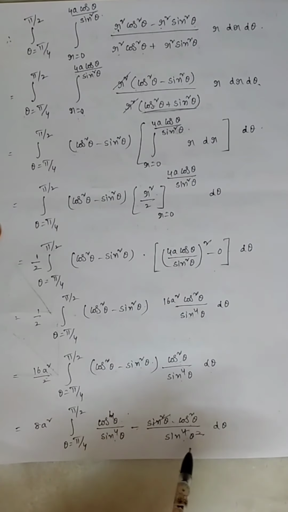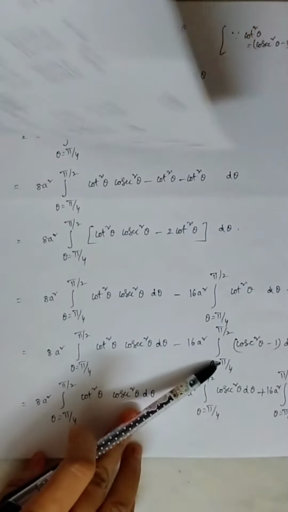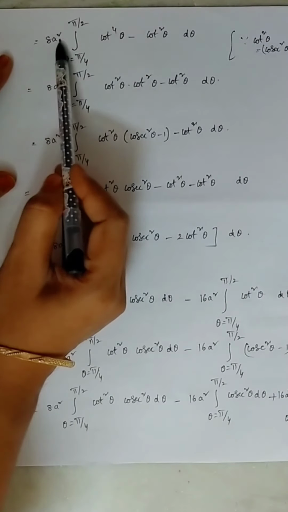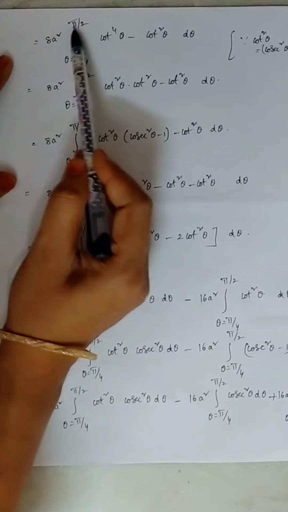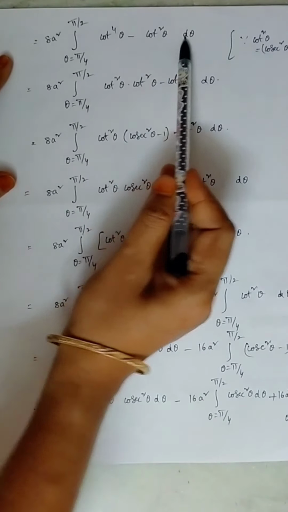Remaining we have cos square theta by sin square theta. Cos to the power of 4 theta by sin to the power of 4 theta means cot to the power of 4 theta, minus cot square theta into d theta. So finally we have remaining 8a square into integral theta equals pi by 4 to pi by 2 cot to the power of 4 theta minus cot square theta into d theta.